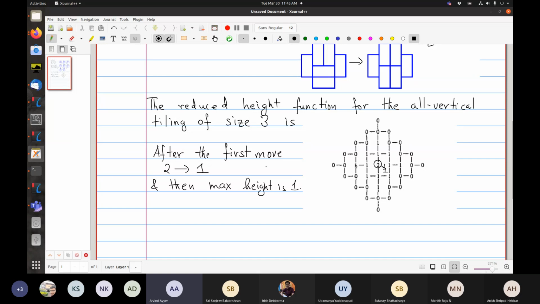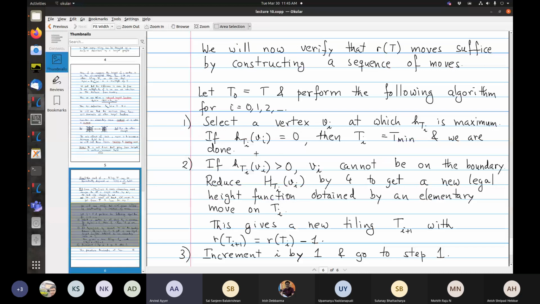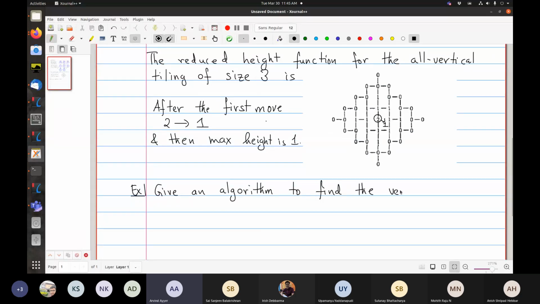So this part of the proof is not clarified in the paper, and of course, the proof is correct, but one has to check some details. So I'll give this as an exercise problem: give an algorithm to find this vertex Vi in the proof of the previous proposition.